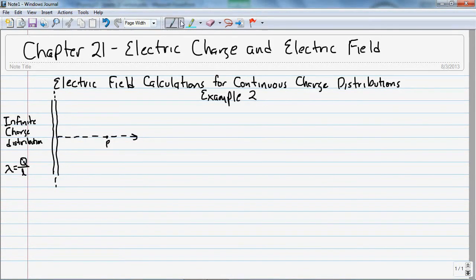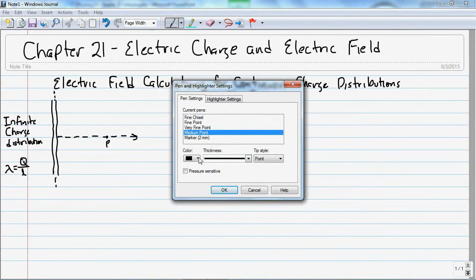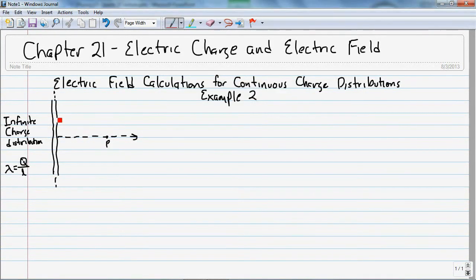Now let's start drawing some vectors here. Let's take some differential, we'll call this dy. We'll say this line is on the y-axis, so we'll call that dy. And there is a vector that comes down through this point.